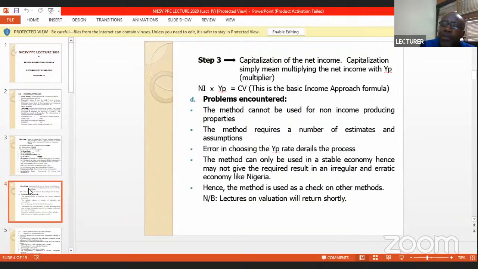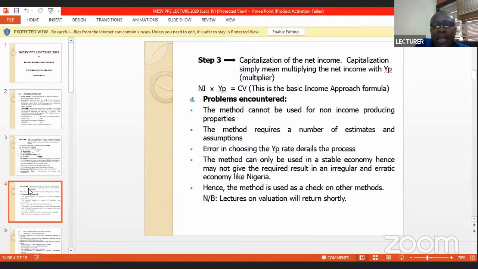Capitalization simply means multiply the net income with the appropriate YP. And that is why the basic income approach formula is net income times YP is equal to capital value.